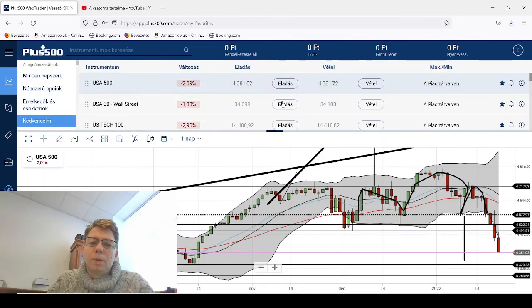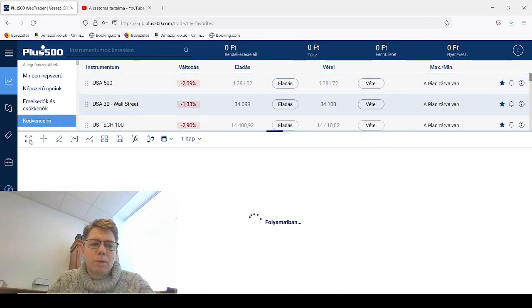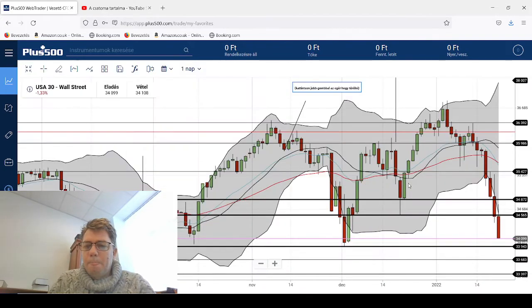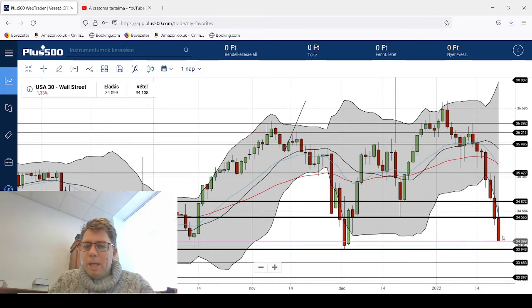Let's go over to Dow Jones. That's the daily chart on Dow Jones, and here it is very possible that we come down to this support area. First 33,943 and then 33,683, and the last one for me is 33,397.